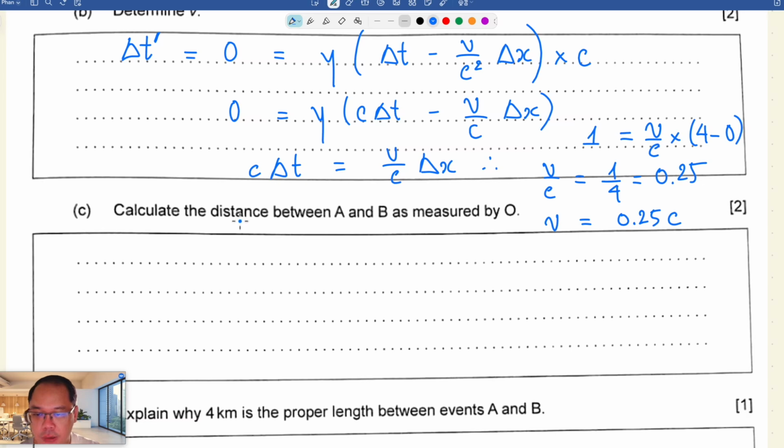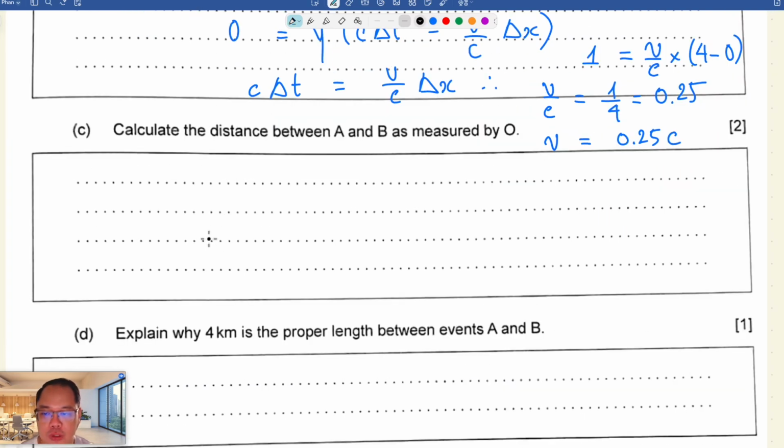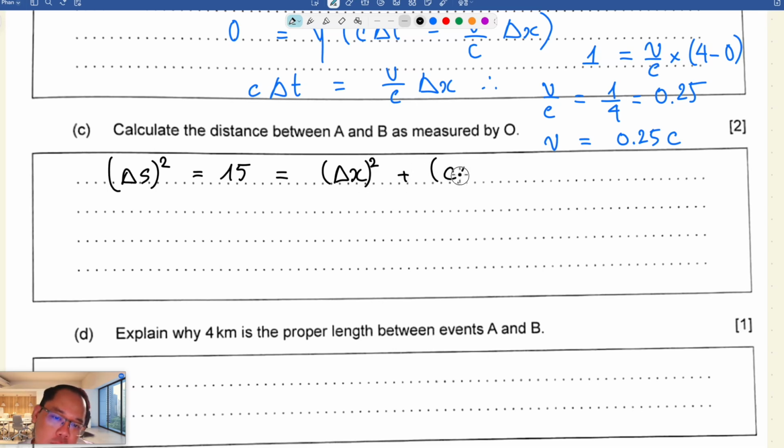Question C. Calculate the distance between events A and B as measured by O, the prime reference frame. To find this distance, we use the space-time interval delta S squared. It is constant, which is 15, that we got from part A. It is the square of the difference in distance minus the square of the difference in time, ct.